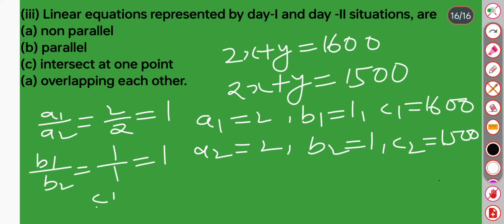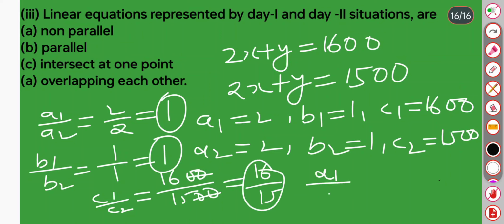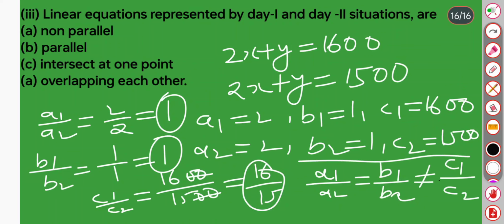And c1 by c2: 1600 by 1500, double zero eliminate, we get 16 by 15. That means a1 by a2 and b1 by b2 are equal, but c1 by c2 is not equal. So a1 by a2 equals b1 by b2 but not equal to c1 by c2. Whenever you get this condition, it denotes parallel lines. That is option number B. Option number B is the correct one.